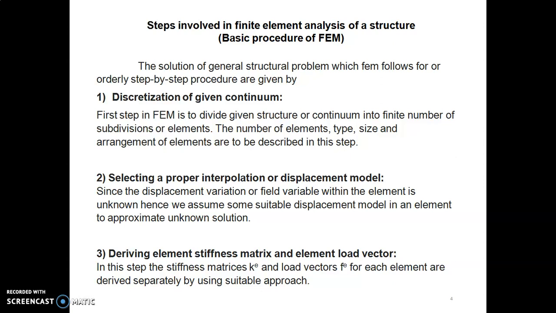If it is a polynomial like a cubic equation or fourth order equation, then we can easily solve them. Since the variation of the field variable within the element is unknown, we assume some suitable displacement model in an element to approximate the unknown solution. So this point is simply selecting the proper interpolation model. I will tell you how actually you need to take it when we are solving the problem, you will understand.